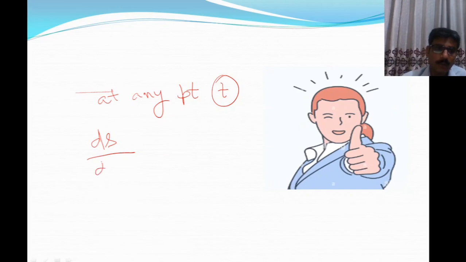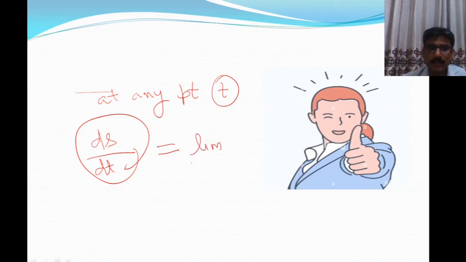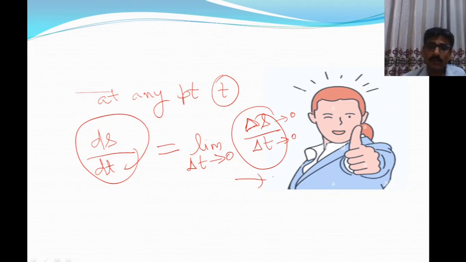So ds upon dt is the notation of differentiation, and it is defined as the limit, delta t tends to 0, of the quantity delta s upon delta t, where delta t tends to 0 but that quantity approaches a finite value.